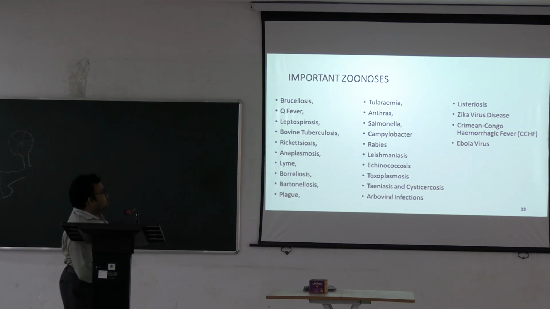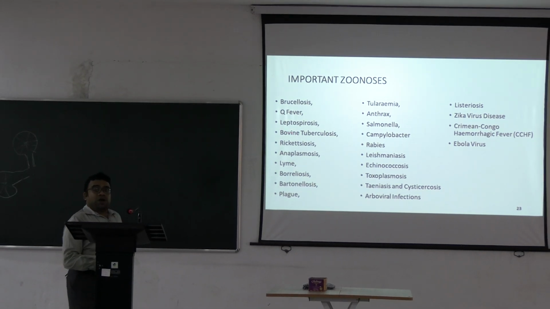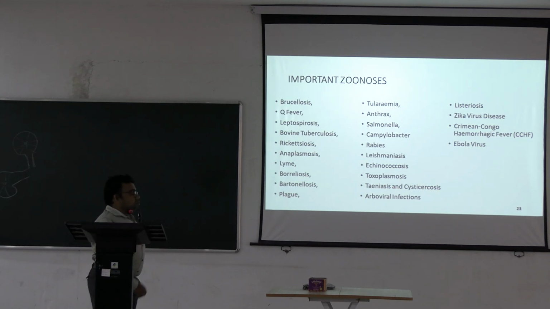These diseases include brucellosis, Q fever, leptospirosis, bovine tuberculosis, then rickettsiosis, anaplasmosis, Lyme's disease, borreliosis, bartonellosis, plague, tularemia, anthrax, salmonellosis, campylobacteriosis, rabies, leishmaniasis, not visceral leishmaniasis, echinococcosis, toxoplasmosis, taeniasis, cysticercosis, arboviral diseases, Crimean Congo fever, Zika virus, listeriosis, and Ebola viruses. However, this is not the full and final list. What I have highlighted are the important zoonotic diseases.